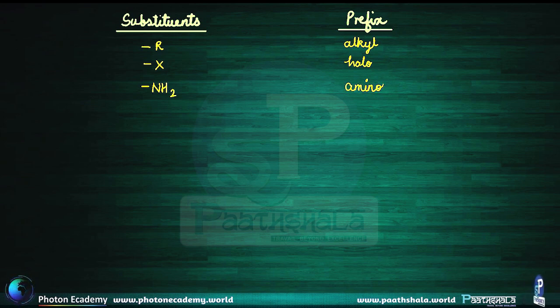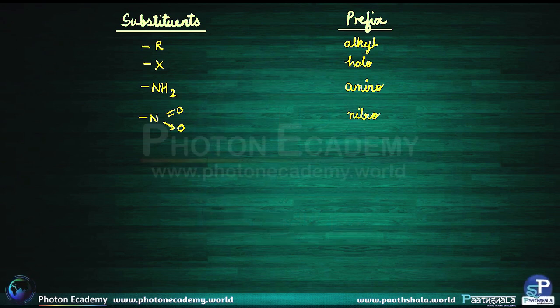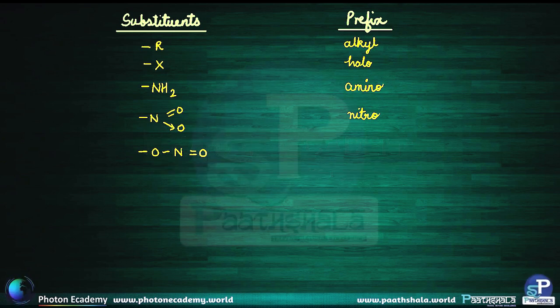Next, if we have N double bond O with O, that is NO2, we call this nitro. Next, if we have ONO, where there's attachment with O, this is called nitrite.